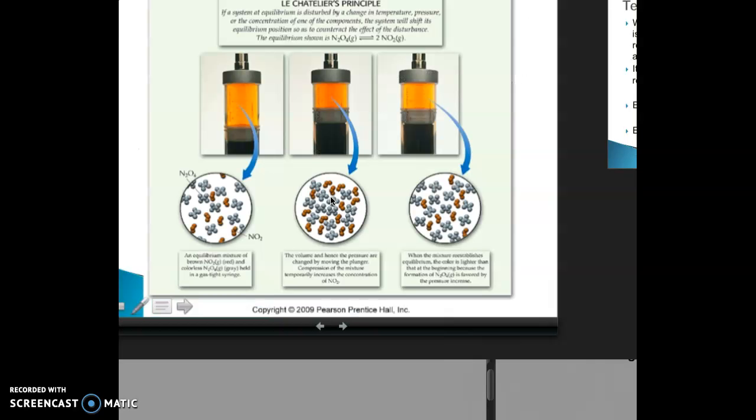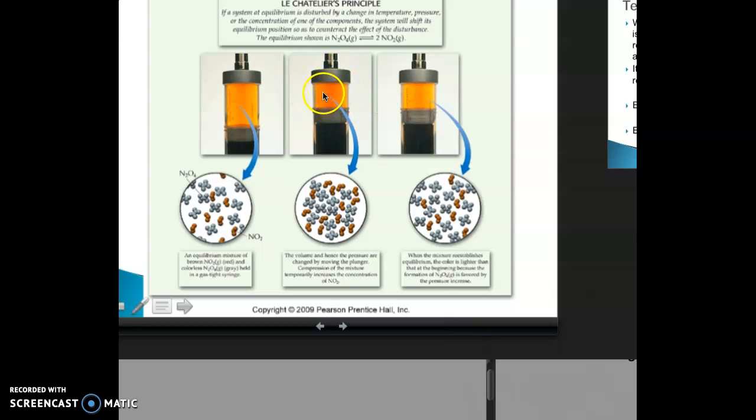So a nice little visual of that with our same N2O4 and NO2 equilibrium. This reaction has 1 mole of gas on the left, 2 moles of gas on the right. And look inside this chamber. As this piston is compressed here, the volume inside this container is getting smaller and smaller.